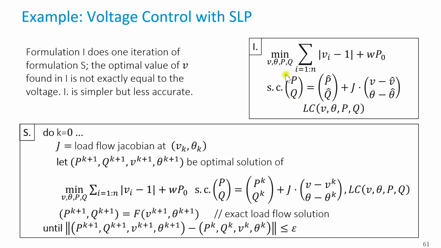I don't need to do a load flow and I don't iterate. But it is also more approximate, because in fact, I'm finding an exact solution to an approximate formulation of my grid. In particular, the P and Q that I will find and the V and theta don't exactly satisfy the load flow. So they are not exactly feasible, but if they are close to something feasible, that will be good enough.